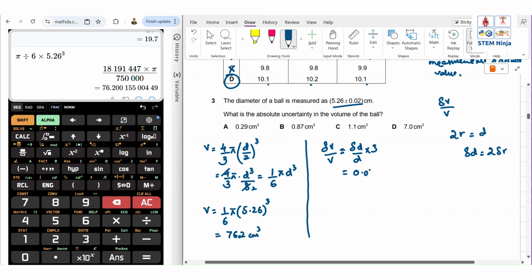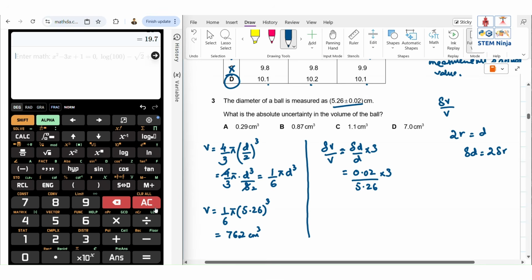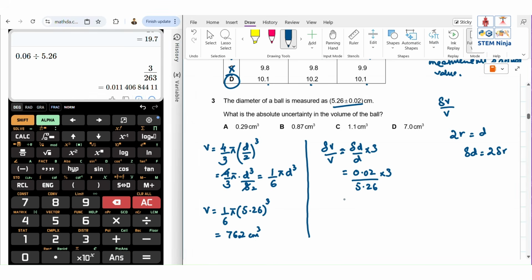So 0.02 divided by 5.26 times 3. So 0.06 divided by 5.26. This would be 0.011, 4, let's call it.